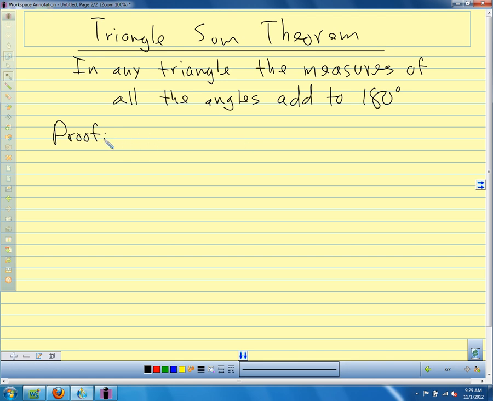So, we're going to draw a triangle here. And we'll label the triangle ABC. And we'll call this angle 1, this angle 3, and this angle 2.